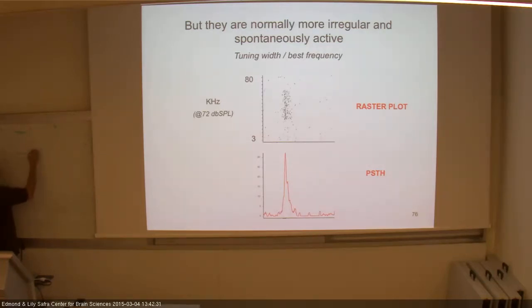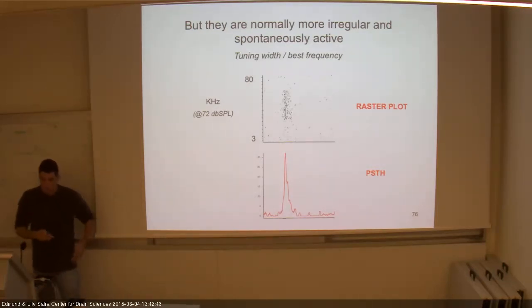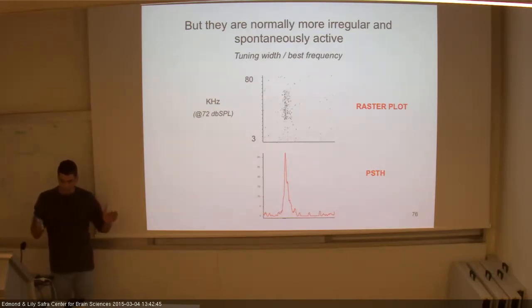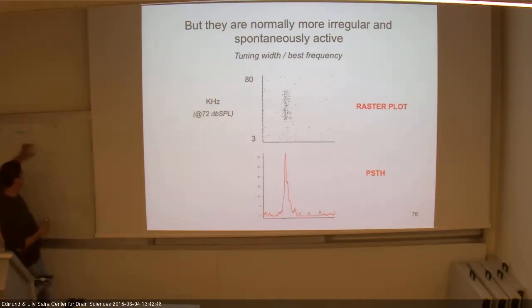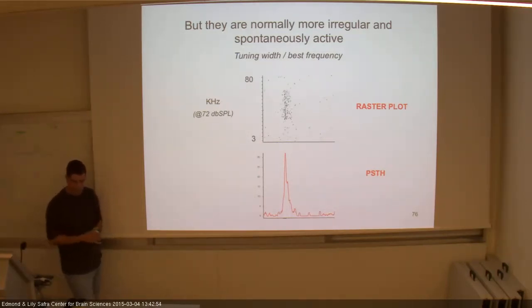It will respond later, like you said, latency. Maybe the duration of the response is different, so you can also learn something about the duration. This is the normal type of thing that we learn: latency to respond, the duration of the response, the number of spikes, basic characteristics of a neuron.